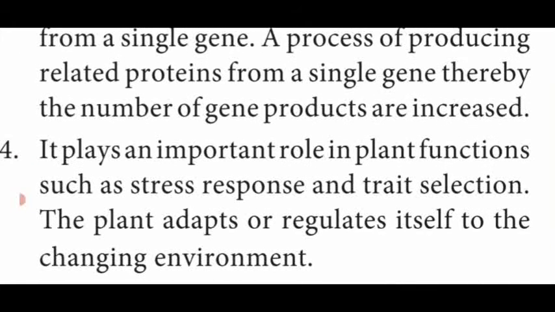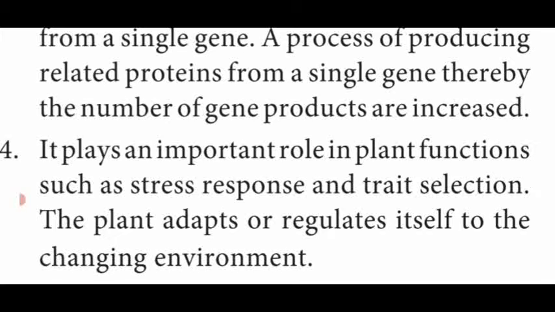Then this plays an important role in meeting environmental stress and in trait selection. Trait means a character of an organism. Each and every organism shows different characters. The selection of different characters takes place with the help of alternative splicing.